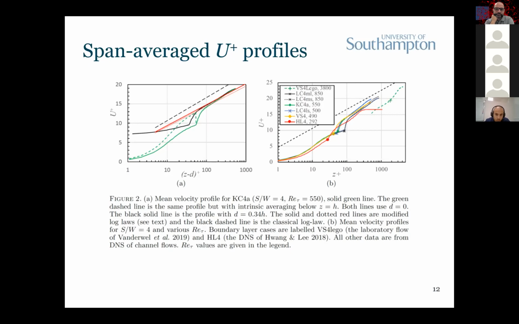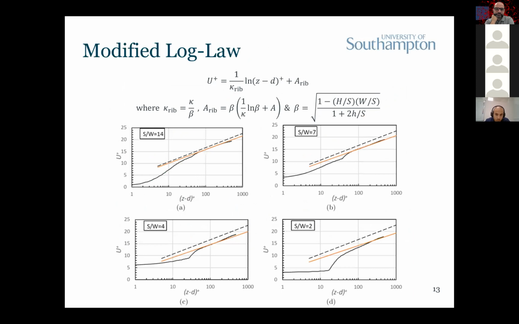So that was a problem that we wanted to explain. Carefully thinking about the situation, the cross-section of the ribbed channel is obviously different to a plane channel, and also the wetted surface area on the wall is different to a smooth wall.